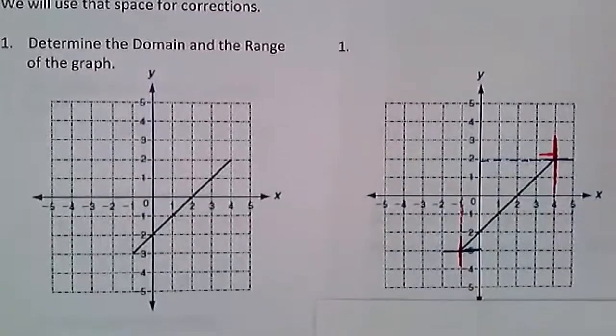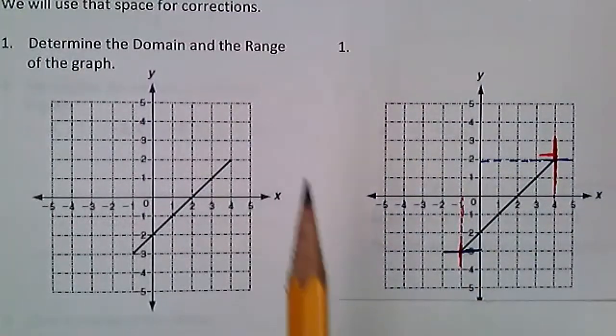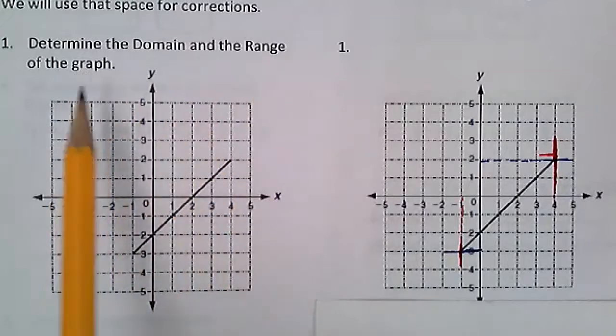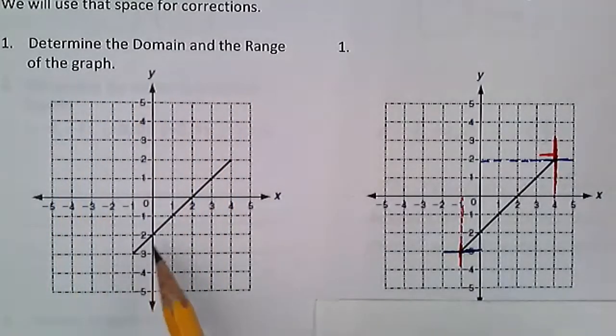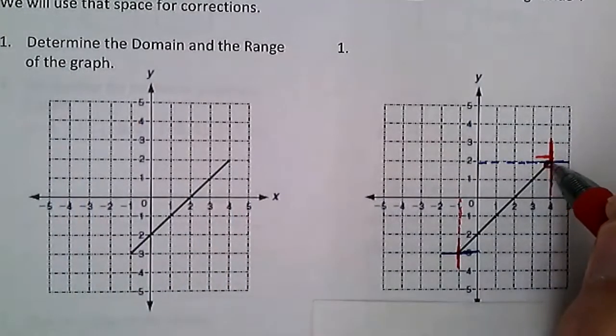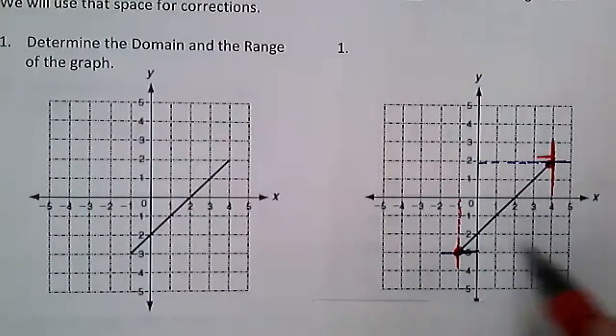So the original question on number 1 was to determine the domain and range of the graph. If you notice on the original graph, there are no arrows. We have stop signs. The graph just comes to a stop right there, and it comes to a stop.